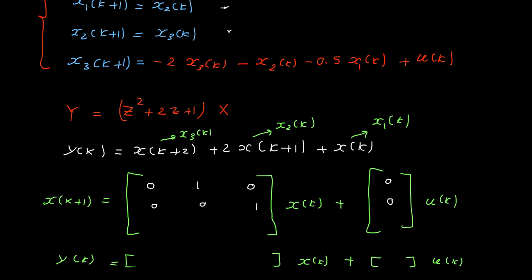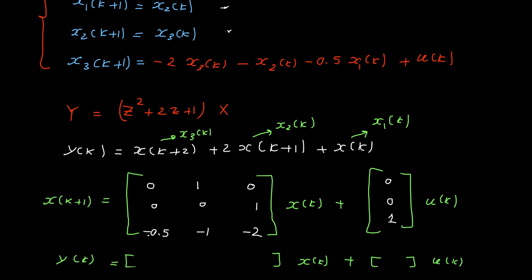The last equation, the first coefficient here will be the coefficient of x1, which will be minus 0.5. The second coefficient of x2 will be minus 1. The third coefficient here will be the coefficient of x3, which is minus 2, and here we have input, so this is the 1.